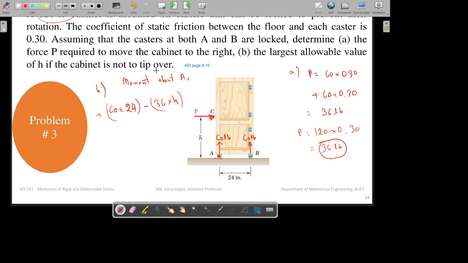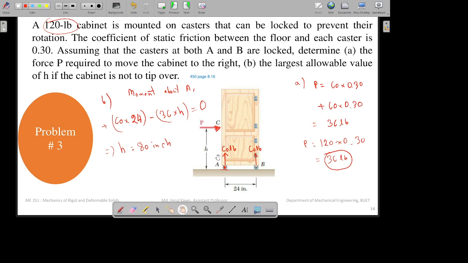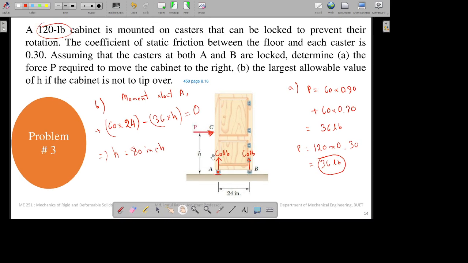So for it not to tip over, it should be equal to 0. So from that you can find the value of h. It will be 60 times 24 divided by 36, which gives you 40 inch as the answer.